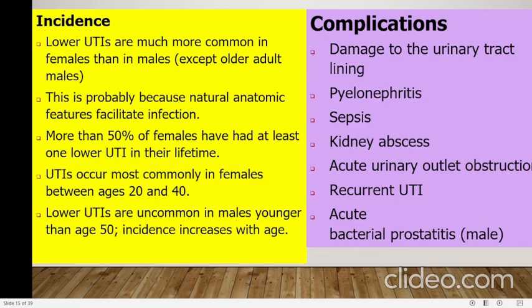We could have sepsis, kidney abscess, acute urinary outlet obstruction, recurrent UTI, and acute bacterial prostatitis, especially in males. So if you have a UTI in males, you may find that they have elevated PSA levels.